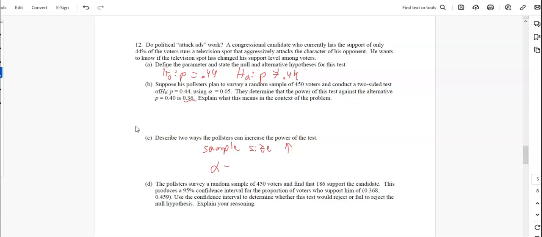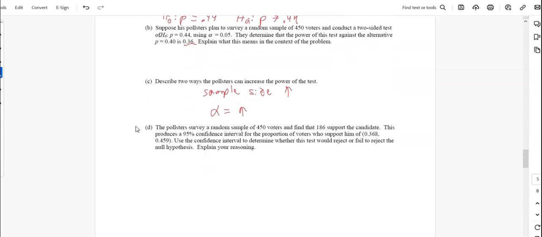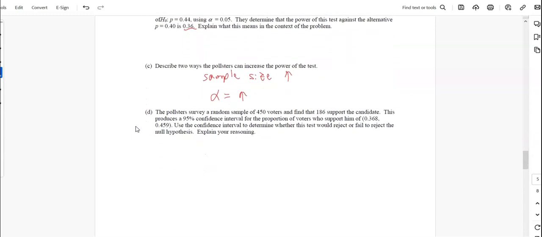If the alpha level increases, that also increases the power of the test. So those go in conjunction. Alpha goes down, power goes down. This would be the easiest to affect. We don't have control over how different the values are usually.